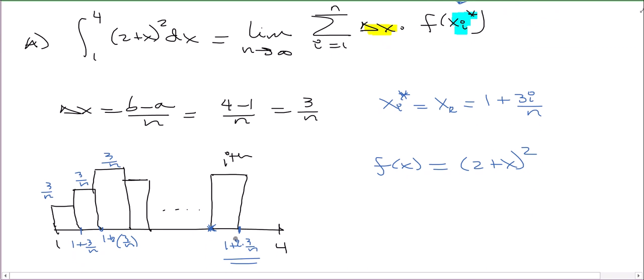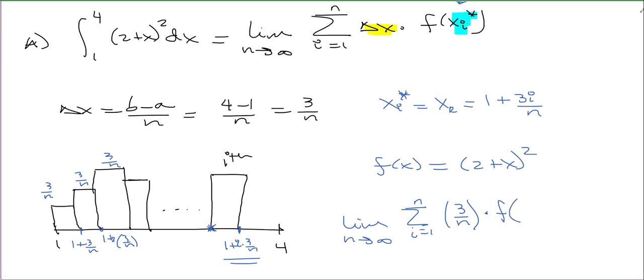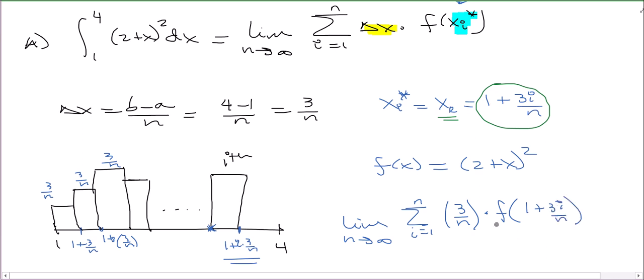Then that Riemann sum is going to look like the limit as n goes to infinity of the summation i equals 1 to n of delta x, which is 3 over n, times f of x of i star. We're using the right endpoint, which is 1 plus 3i over n. So f of 1 plus 3i over n.